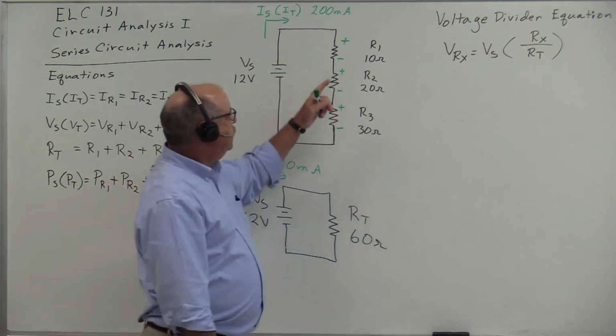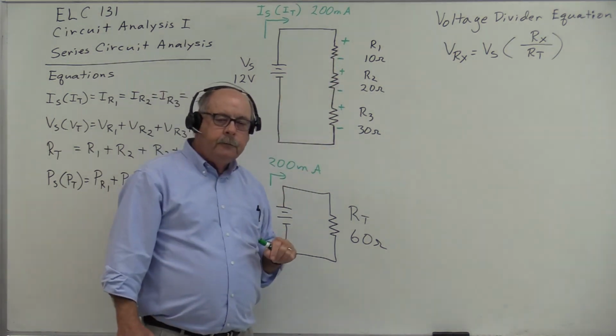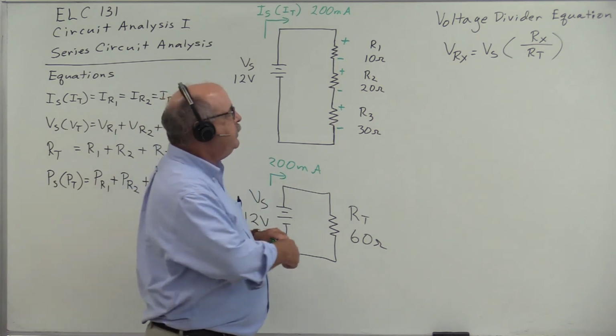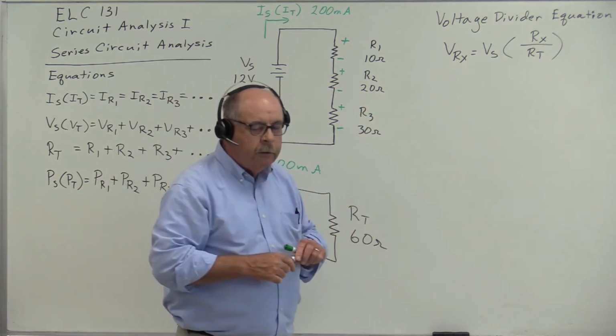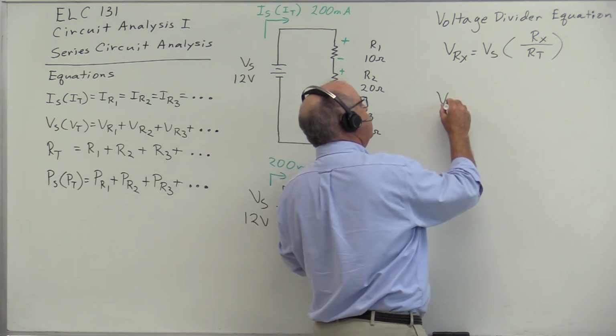So for example, let's use this voltage divider equation to find the voltage across resistor R2.